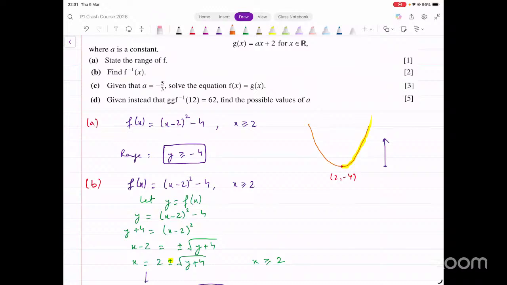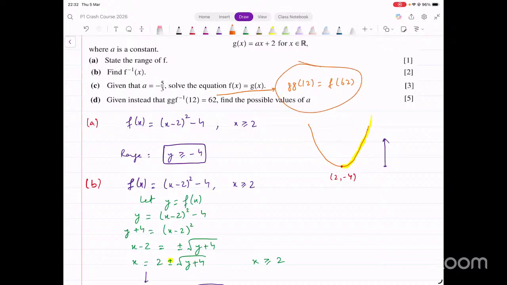What does that become? When it goes to the other side, it becomes f. So this equation we could write as g of 12 equals f of 62. And that way we would not have had to find f inverse. Okay, we could solve this equation.